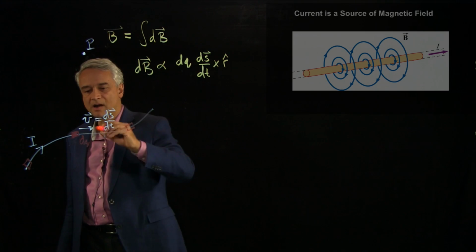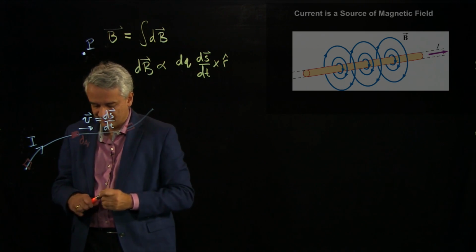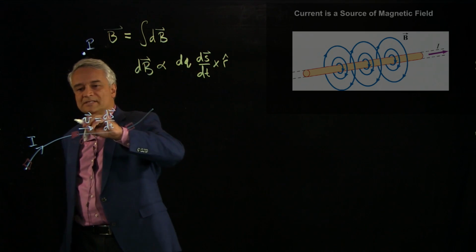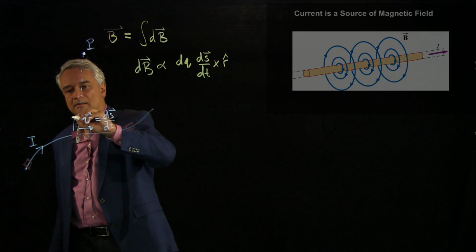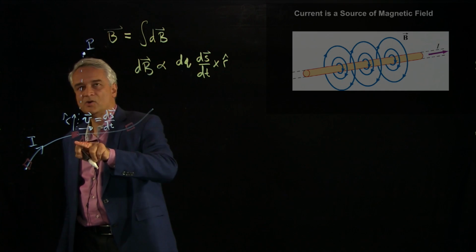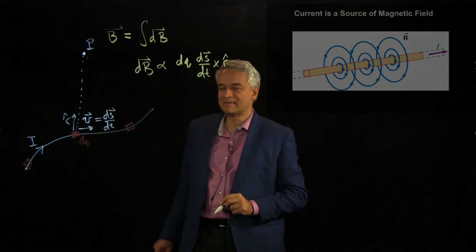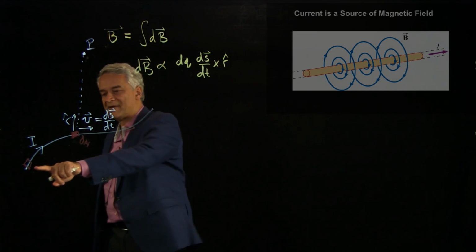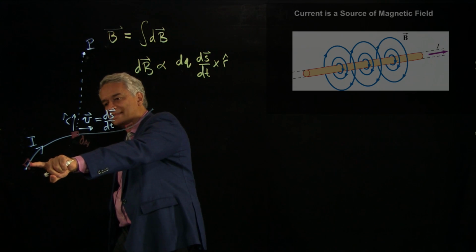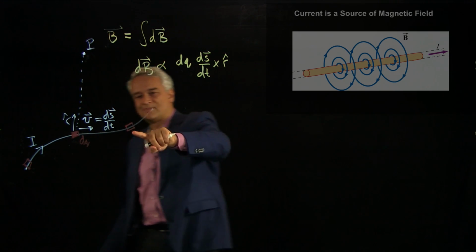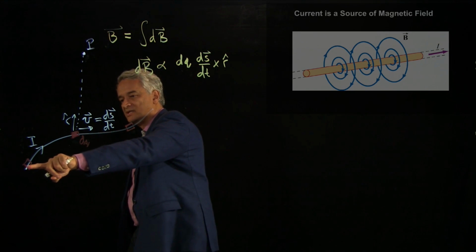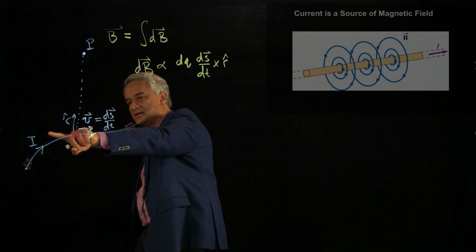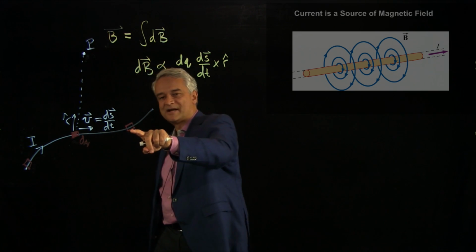And what's r hat? Well, r hat is the unit vector pointing from this dq in the direction of the point P where I'm working out the magnetic field. So if I was talking about this dq, I'd have an r hat that was pointing from here towards P. When I'm talking about this dq, I have an r hat that's pointing there. For this dq, the ds dt vector points this way. For this dq, the ds dt vector points this way.